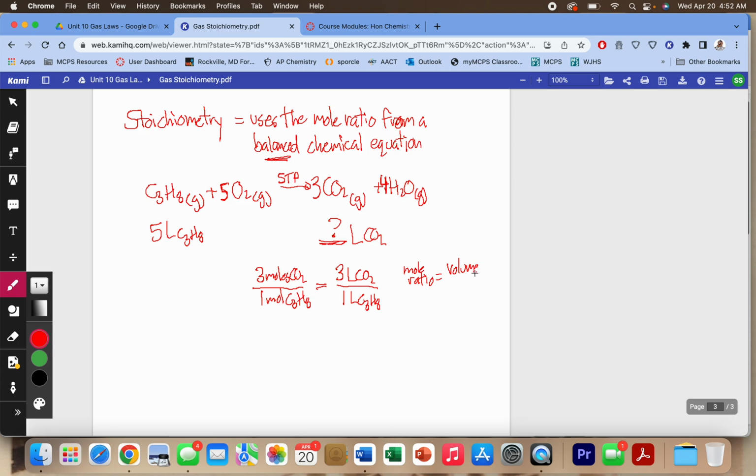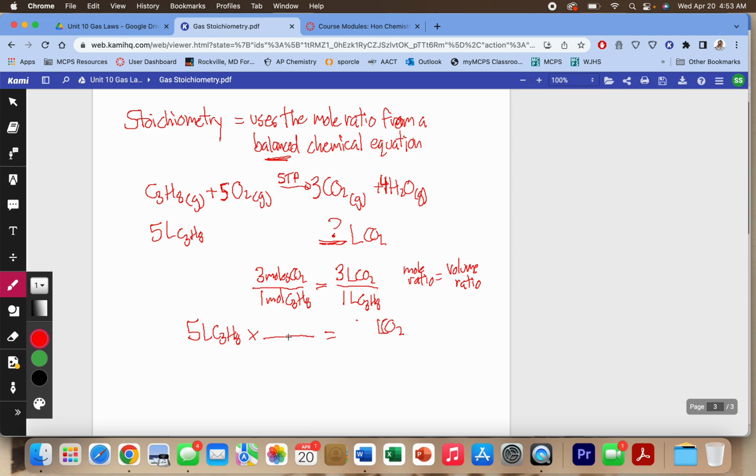And this turns it into one-step stoichiometry, which is pretty sweet. So I can simply say 5 liters of C3H8, make a fraction bar because I'm looking for liters of CO2.